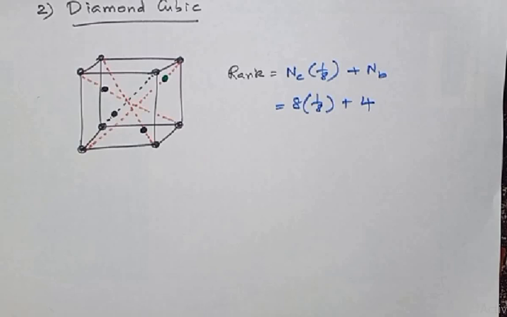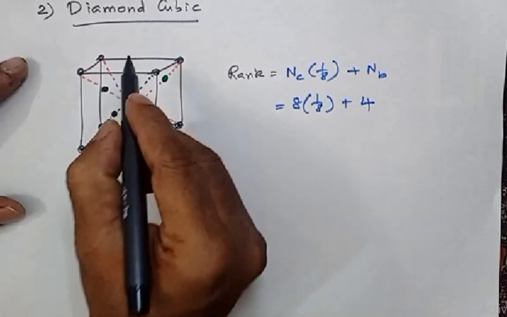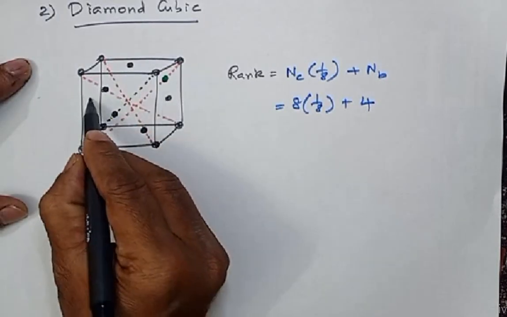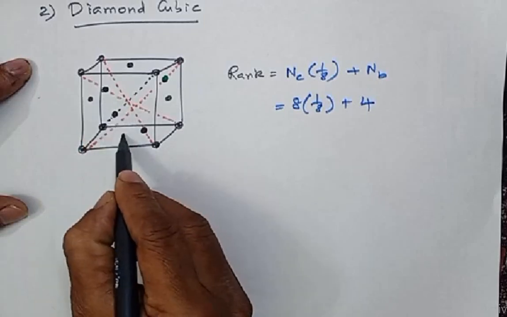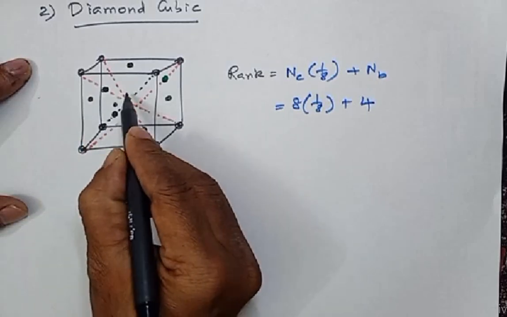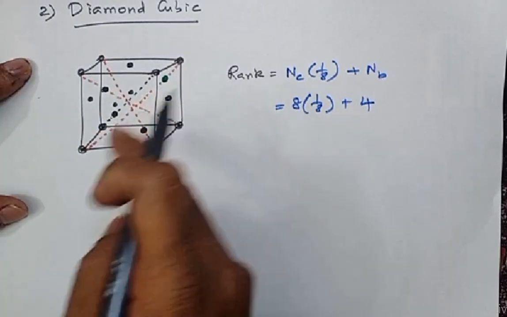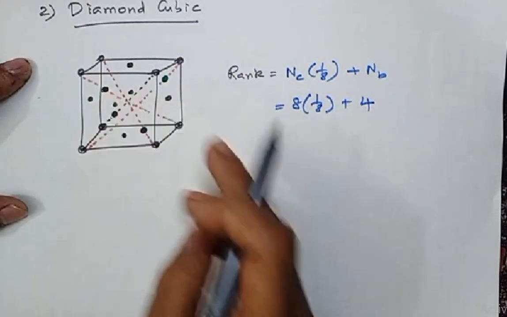I have shown the corner atoms here. Now a few more atoms are present at the face centers. One at this face center, another at this face center, another here, another at the front, bottom face center, front face, back face. So we have corners, face centers and diagonal positions.